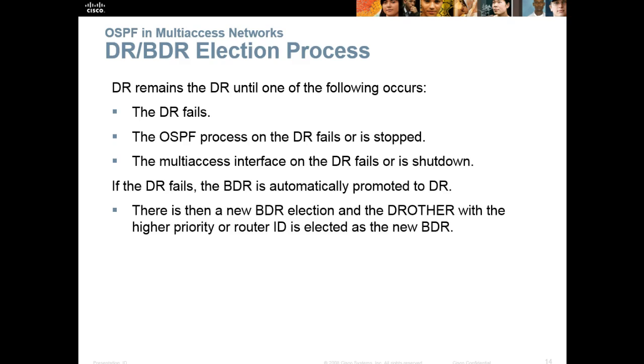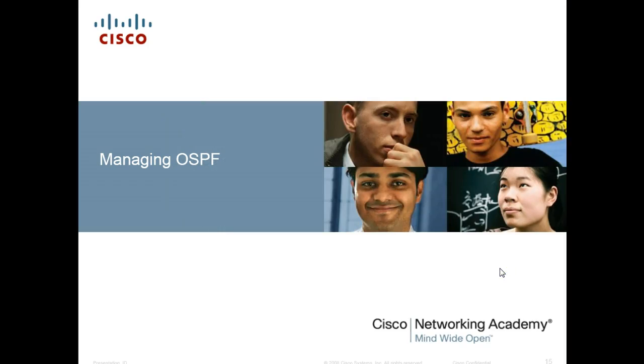It doesn't have to be powered off. I mean, the connections can be cut too. And then the multi-access interface on the DR fails or is shut down, meaning taken down. And then the new BDR election will happen. So if you want to change your BDR, you can go in and change the priorities, but you still have to take the DR out and maybe the BDR out if you want to change who's who.